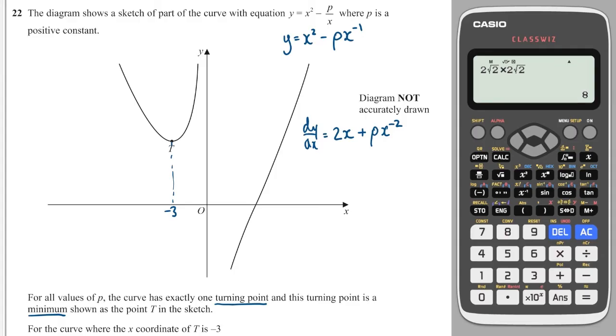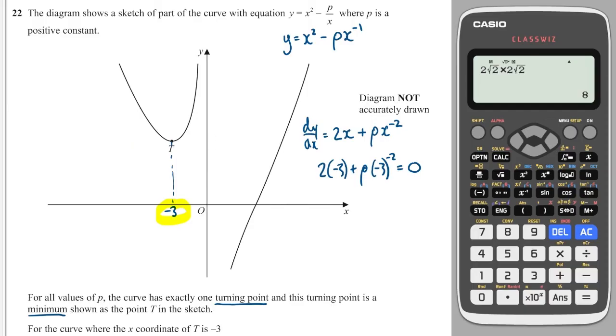And we know that this is equal to 0 when the x-coordinate is at a minimum point or a maximum point, so when the x-coordinate is minus 3. So I know that when I sub in minus 3, like this, it should equal 0. The gradient is 0 because we've got a flat tangent and there is a turning point.